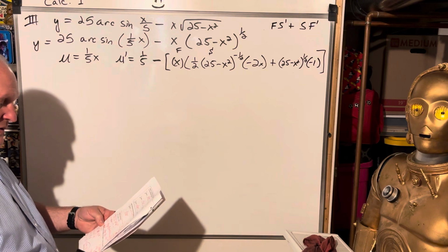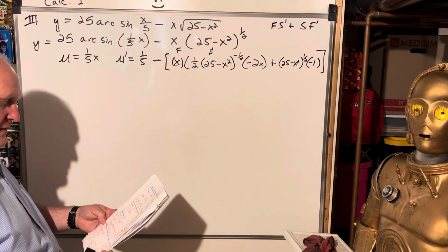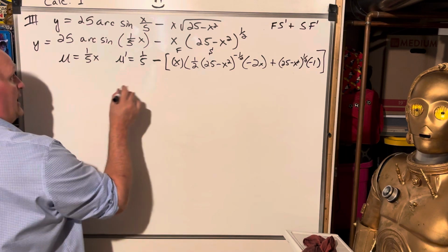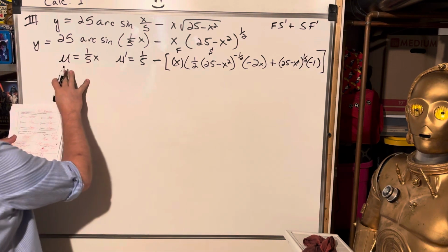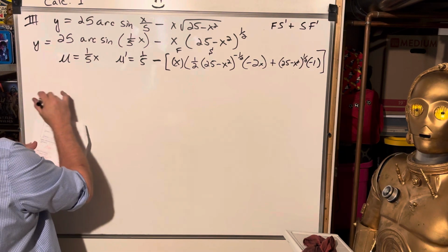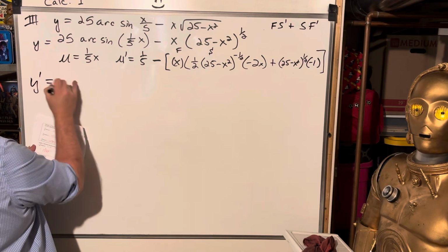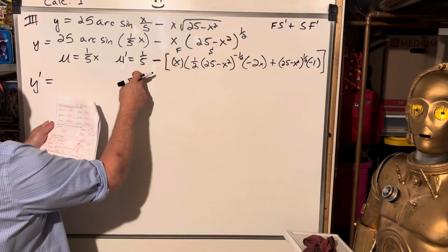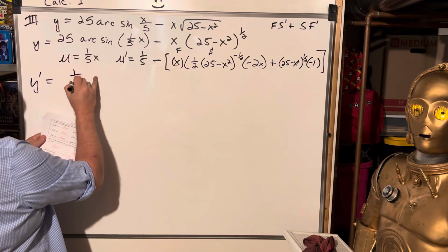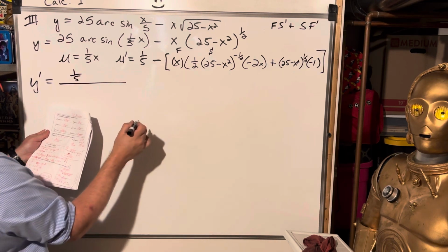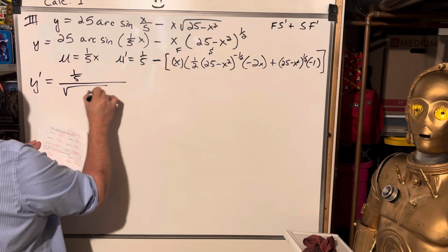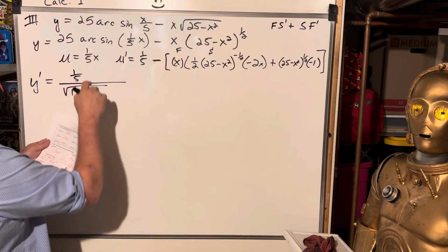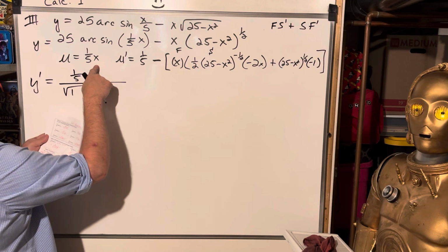All right. And so how do we end up with what we end up with? Let's take a look. So we have, let's see, this part of it is y prime. So when you look back at sine, it's y prime, which is 1/5, that's on the top, over the square root of 1 minus x over 5 squared.